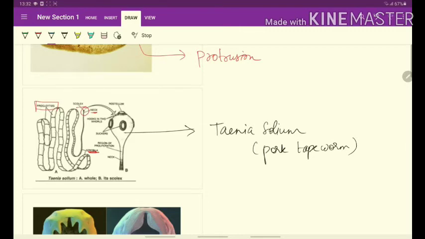The structure of the head: it has the presence of rostellum with 2 rows of hooklets. So these are the 2 rows of hooklets. And it has 4 suckers present.